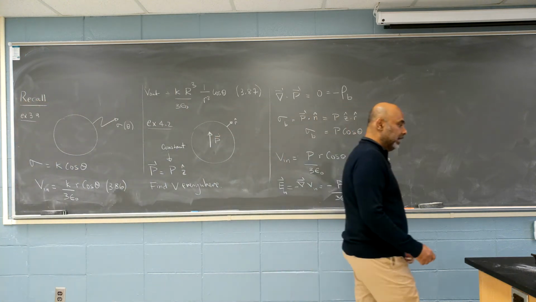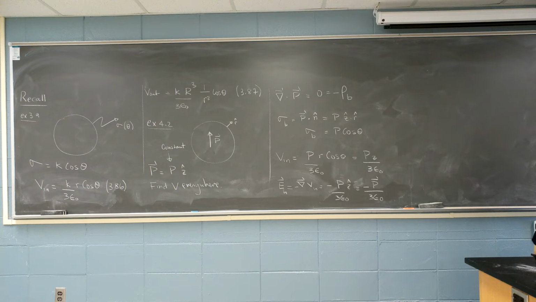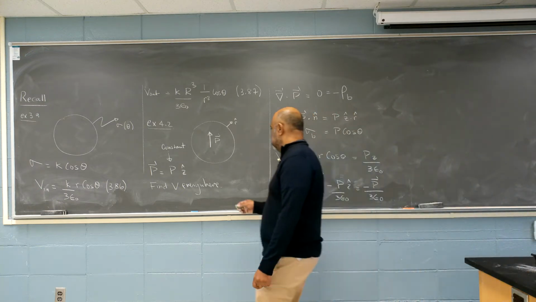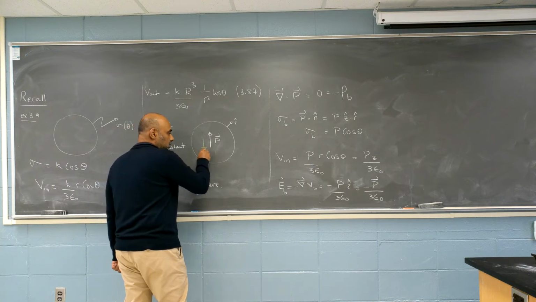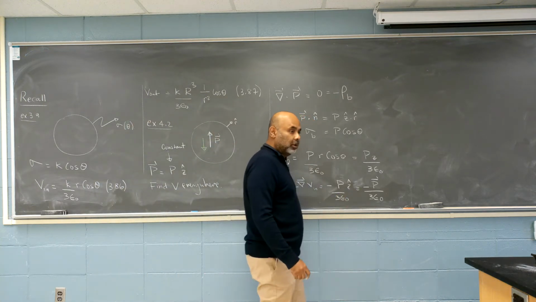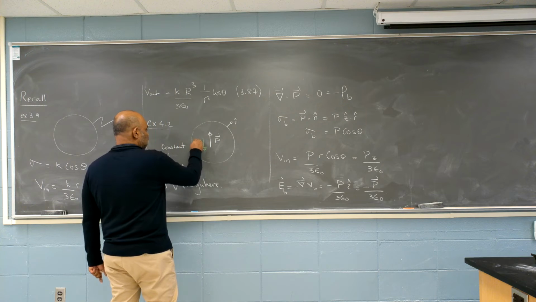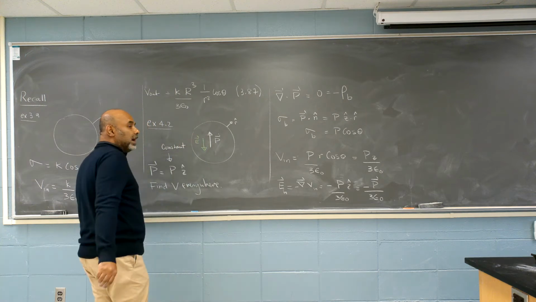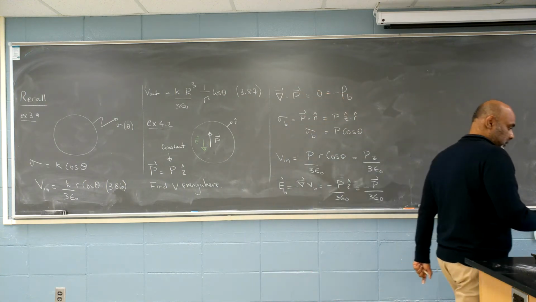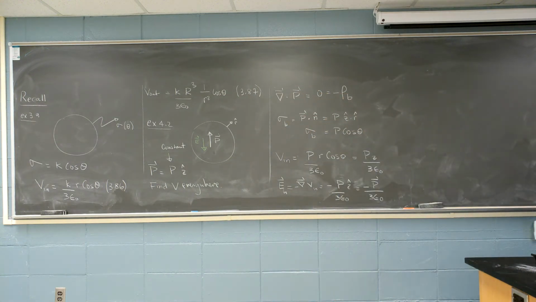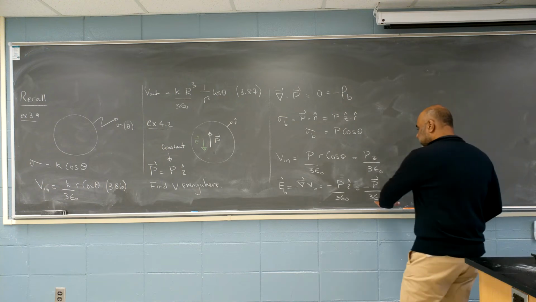So the inside electric field is against the polarization, with a different magnitude because of this 3 epsilon naught, and points downward. Yeah? This is a very useful result.